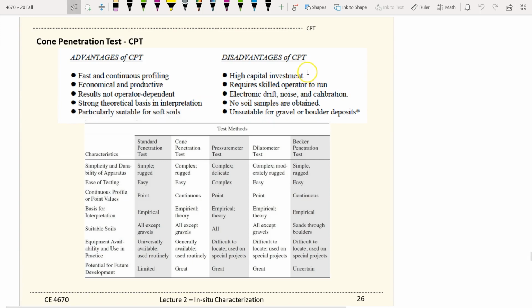The disadvantage of CPT is, first, since you have sophisticated equipment, the capital investment will be expensive. Also, we need a skilled operator to run the test, and not only to run the test, but also someone who really knows the testing and can interpret the data.